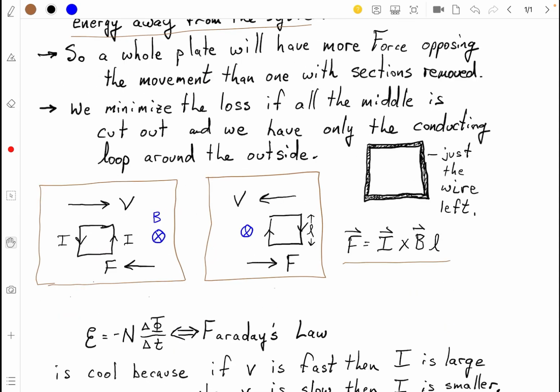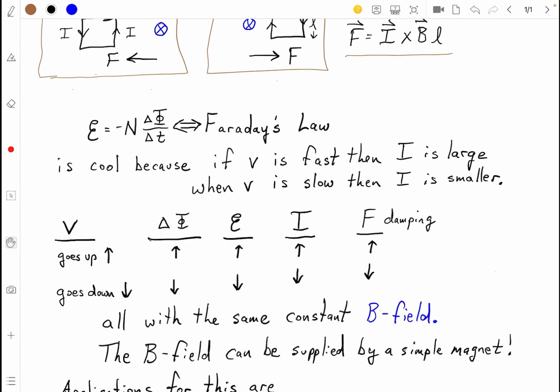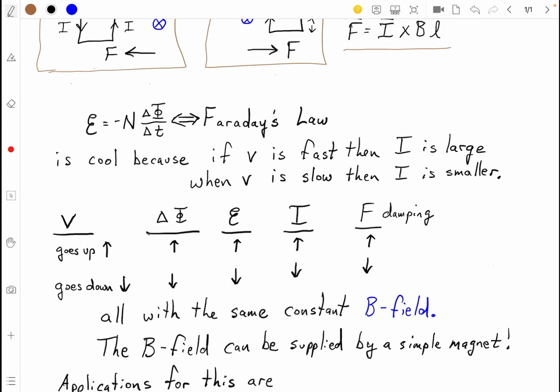All right, so what did we use? We used Faraday's law to do all that. Faraday's law is awesome. If the V is fast, then the I is large, and when V is slow, then the I is not as big, it's smaller.